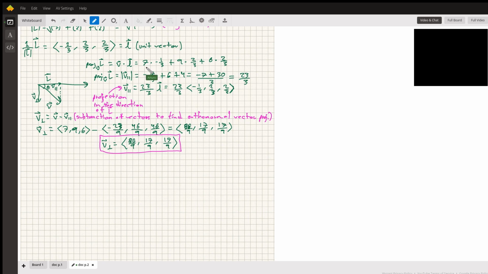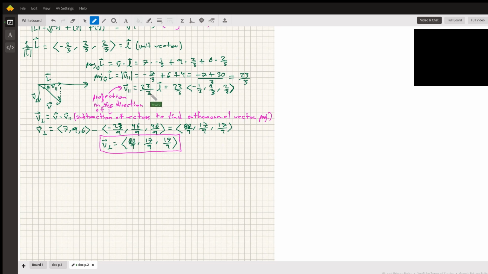So we do the dot product, and that leads us to a simplification of 23 over 3. By the way, another notation for the projection of v onto L is the magnitude of the vector parallel to capital L, which gives you 23 over 3. And then what we're actually looking for right now is the actual vector v parallel.